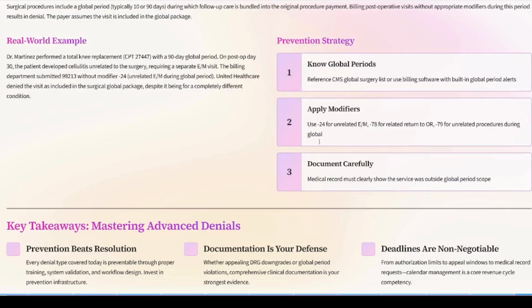All right. So, lastly, what are our takeaways? Mastering advanced denials: prevention beats resolution. Every denial type covered today is preventable through proper training, system validation, and workflow design. Invest in prevention infrastructure. Documentation is your defense.